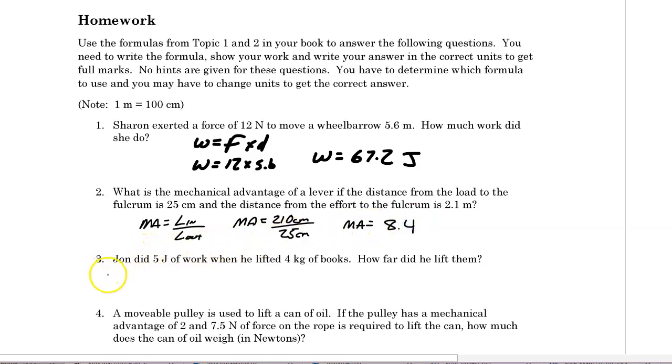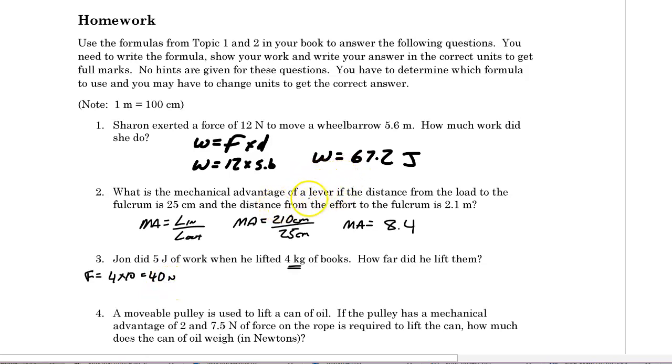Now, in question number 3, to lift 4 kilograms of books means that the amount of force required, because you're lifting it, 4 times 10 means 40 newtons of force is going to be required.